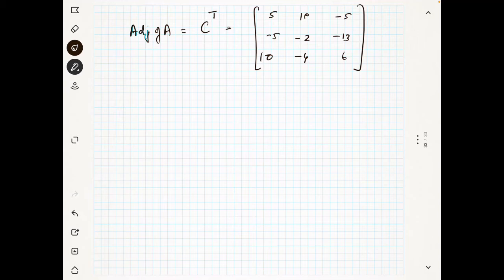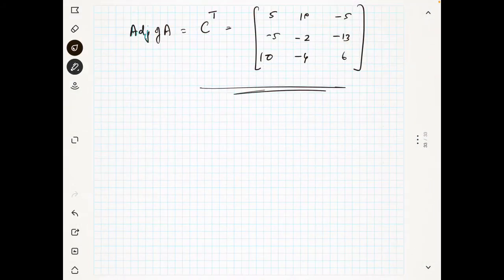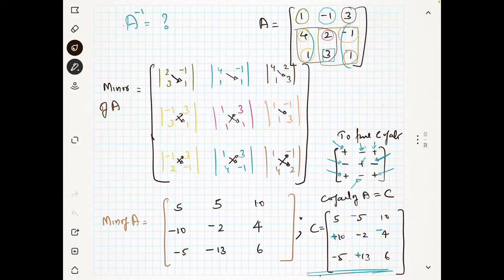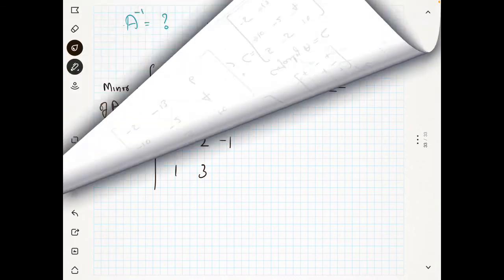Now we want to find the determinant of A, because we didn't find the determinant of A. We got the cofactor, and what was our A? The determinant of A is nothing but the determinant of this matrix: 1, -1, 3, then 4, 2, -1, then 1, 3 and 1.